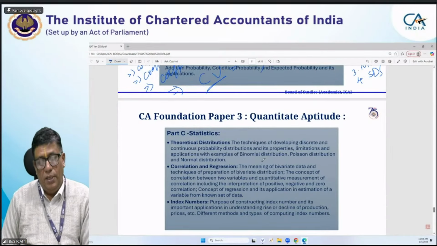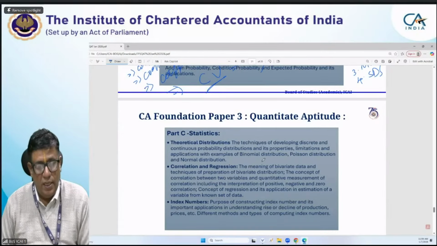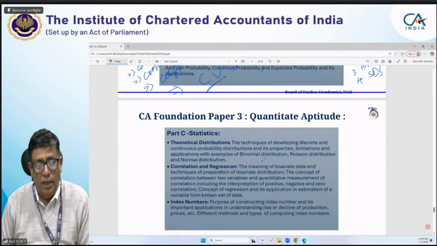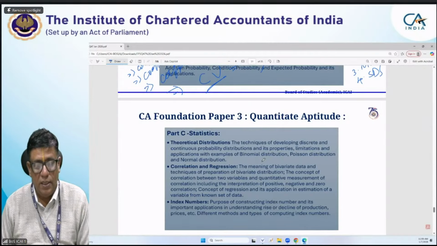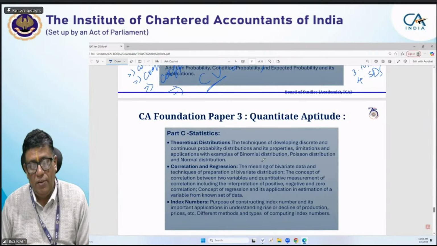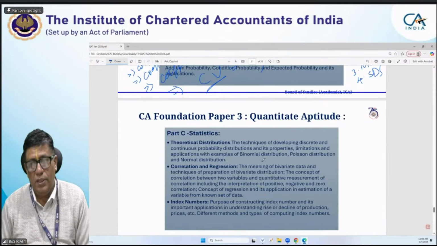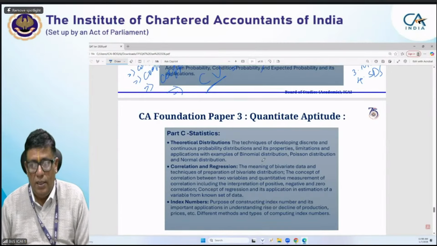Next, coming to a very important chapter, a very scoring and very interesting topic of the statistics part. I already told you in the beginning of the section: correlation and regression. In the first two chapters we talked about single-variable data representation.